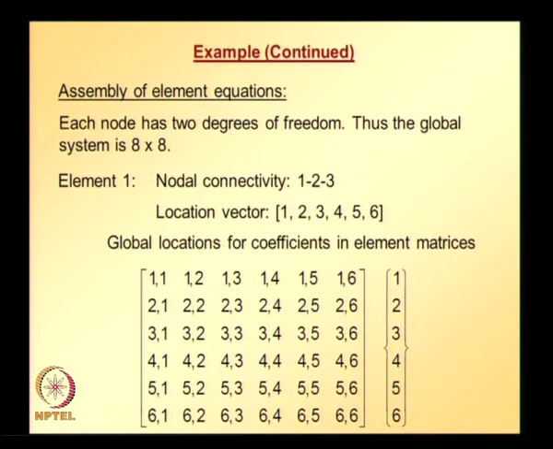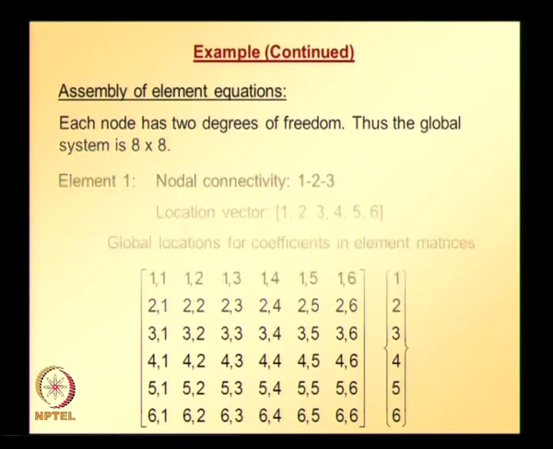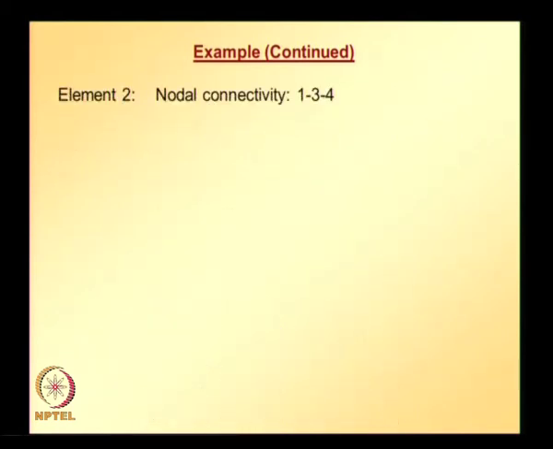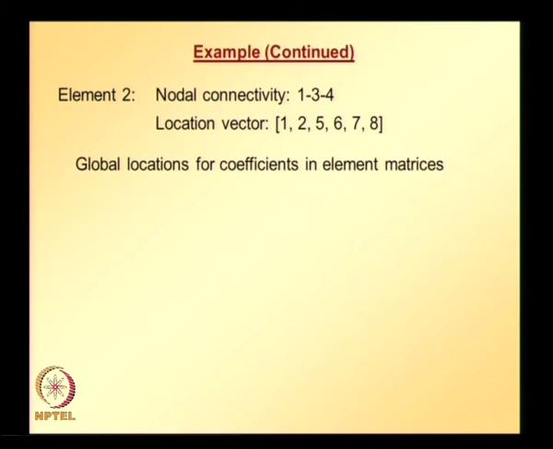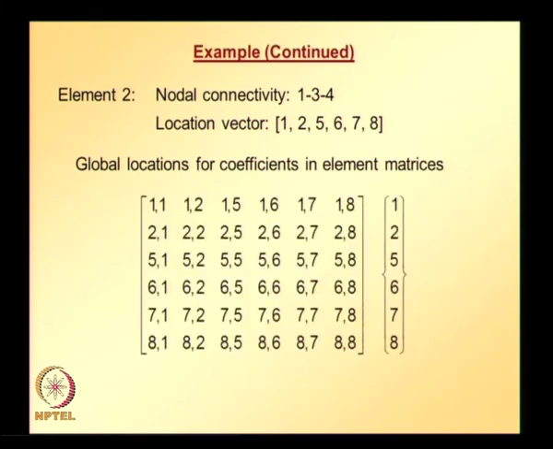This is for element 1. Similarly, for element 2, nodal connectivity, corresponding location vector, global locations for coefficients in element matrices. So, this matrix gives us global locations for element 2.